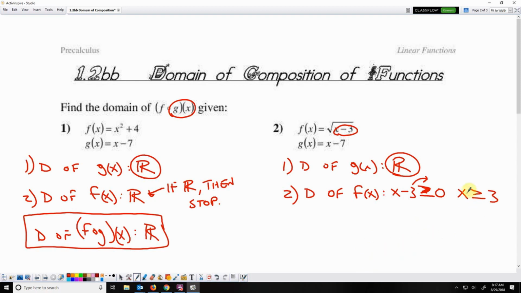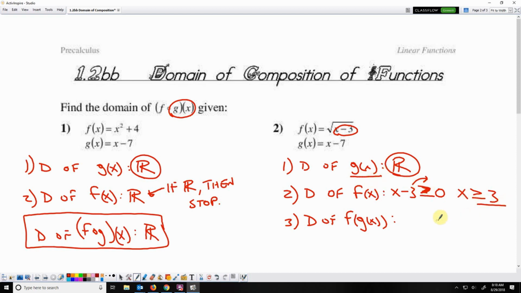The fact that this is not all reals tells me I need to move on to a step 3 where I find the domain of f of g of x. And the quick way to do that is to steal something from 1 and 2. From 1, I'll take g of x.